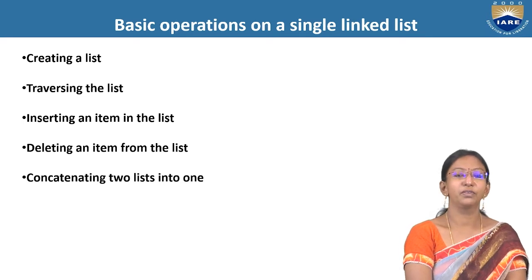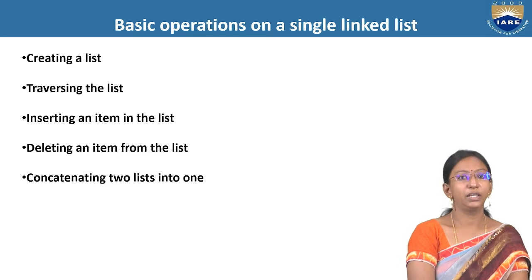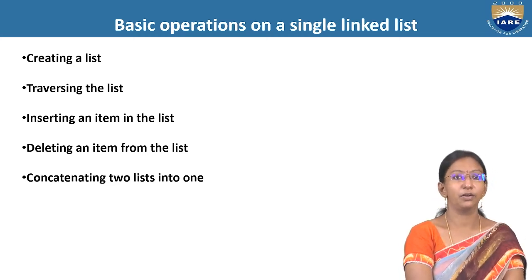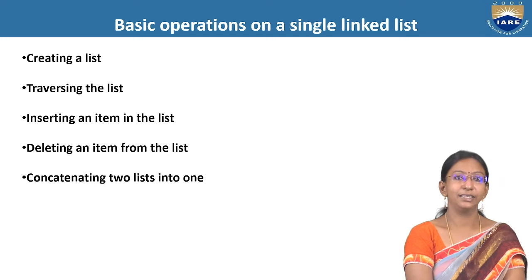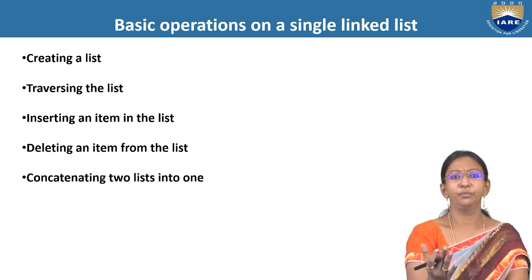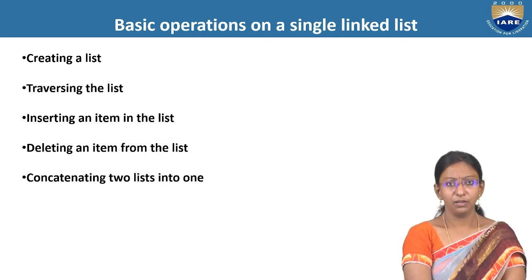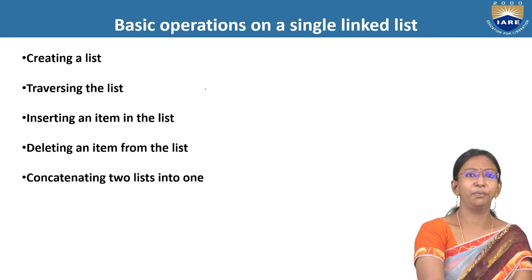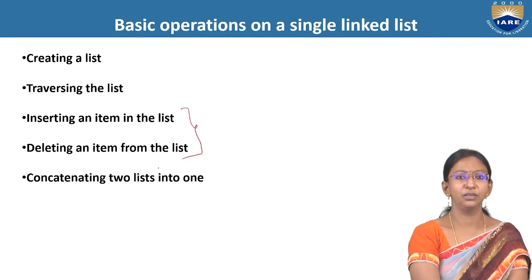With the help of a simple user-friendly statement like printing the data, we can cross-check whether all the nodes and data pieces are there or not. Then inserting an item or deleting an item, or concatenating, and you have many more like reversing, sorting, or searching. Many operations are there, but the basic ones are insertion and deletion.